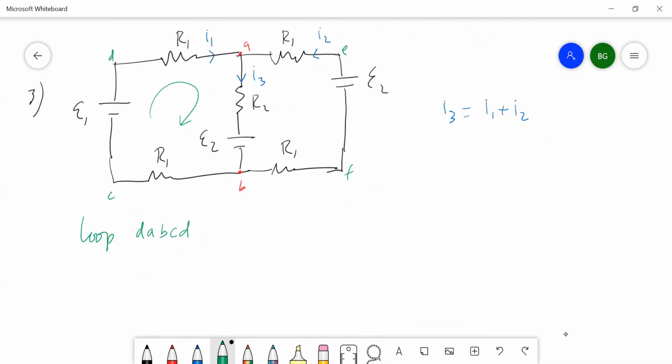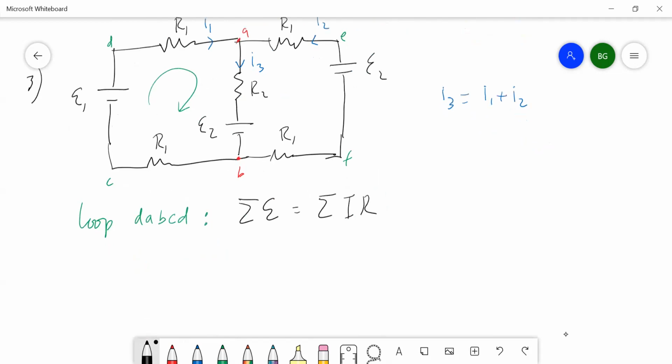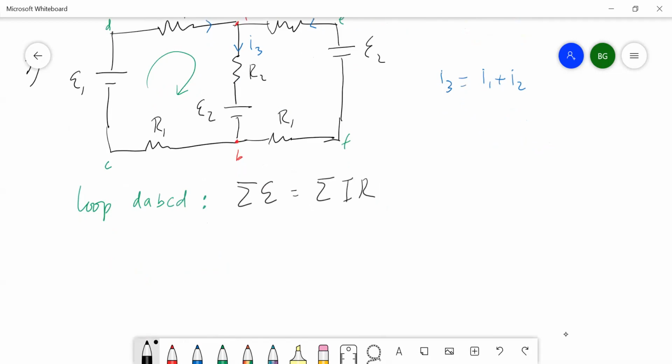What do we get? Just using this one. How many batteries? We have two. So this one is epsilon 1, and this is positive, so this is minus epsilon 2.